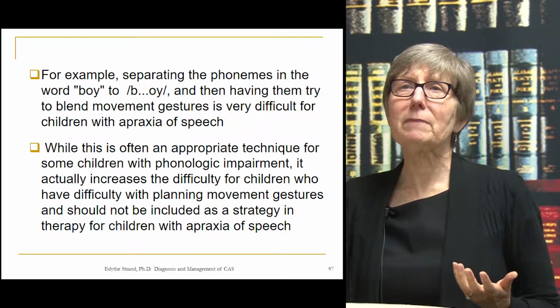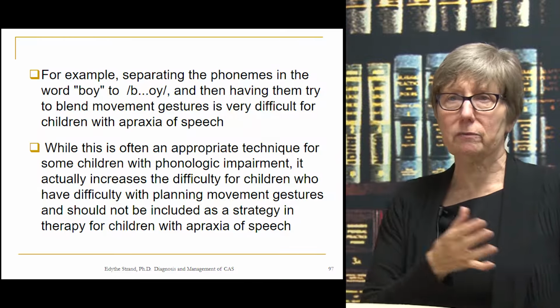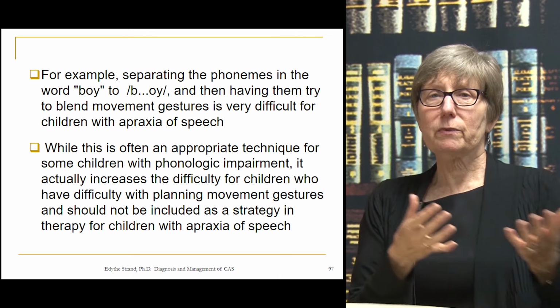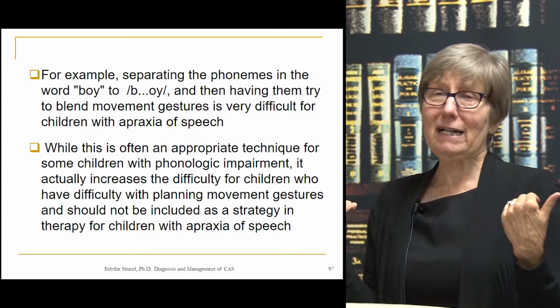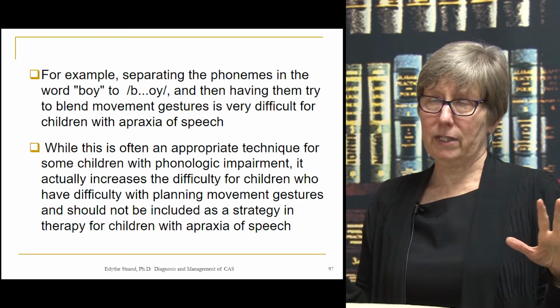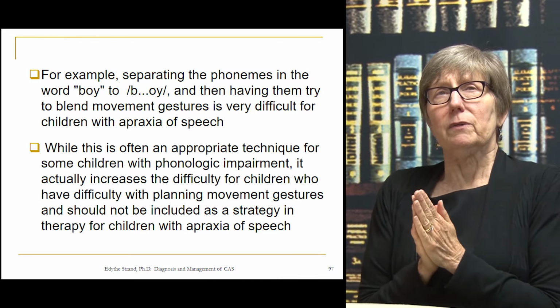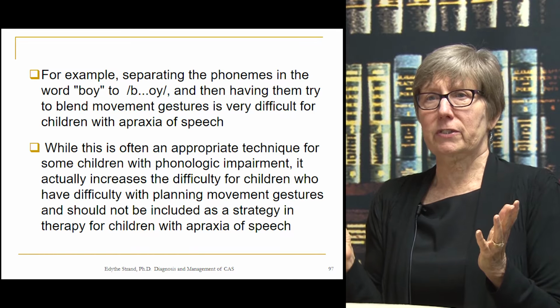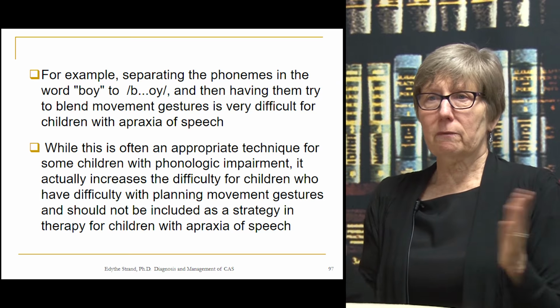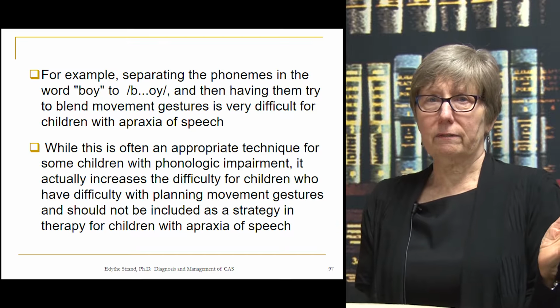Okay, so while this might be an appropriate technique for children with some phonologic problems, it's really contraindicated in children with CAS. And it would be my suggestion that you never do that. We've had a few people come to Mayo, kids who have been in therapy for several years, and they do that with every word.